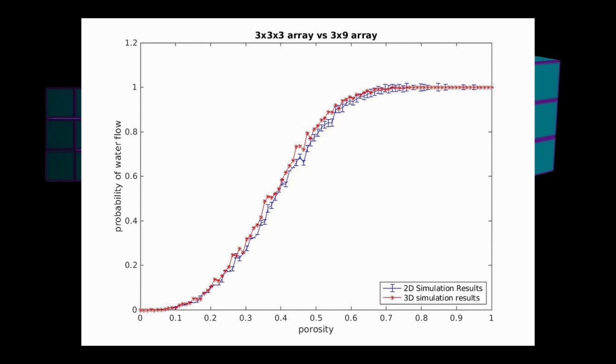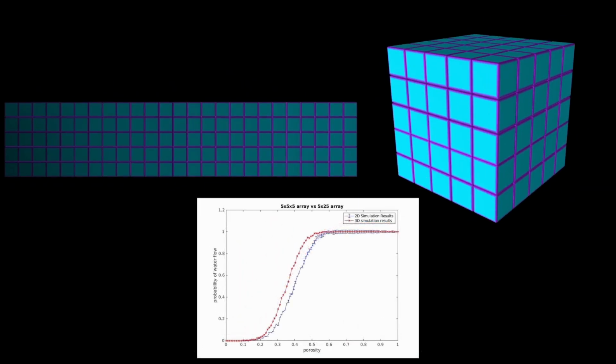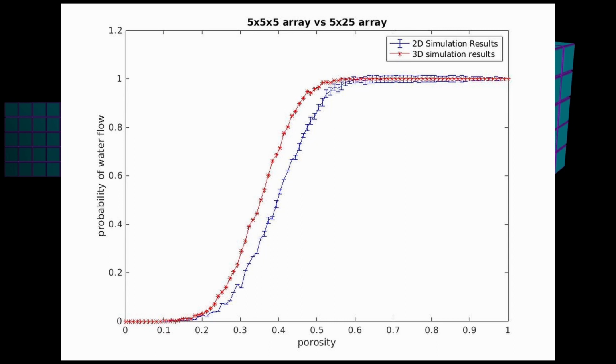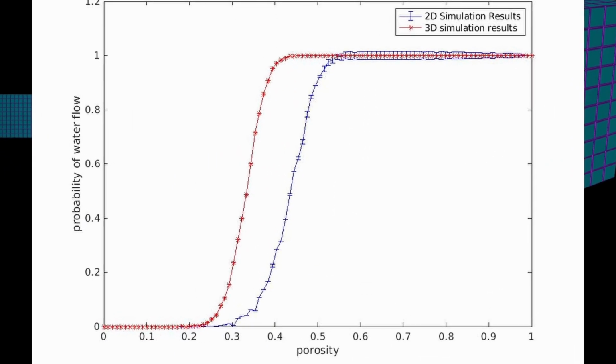But as I continued to test and iterate, when I went to a 5x5x5 array compared to a 5x25 array, I started getting a little bit of a gap there. Is there something more that I'm missing? And so I ran it again for a 10x10x10 array compared to a 10x100 array.